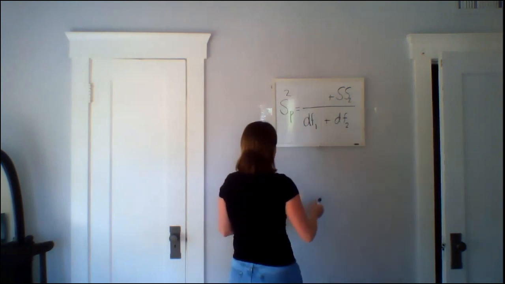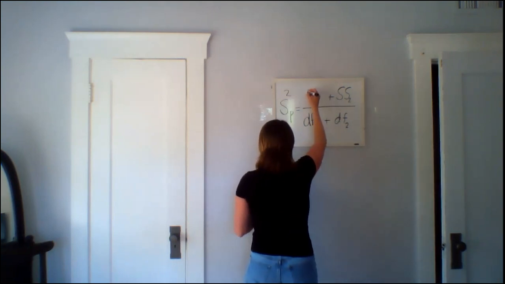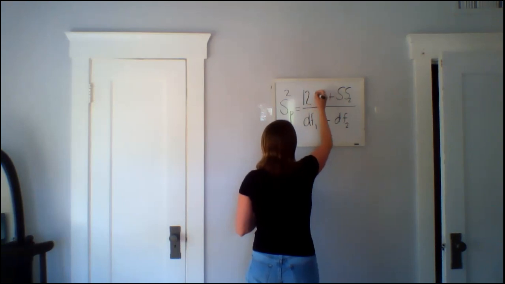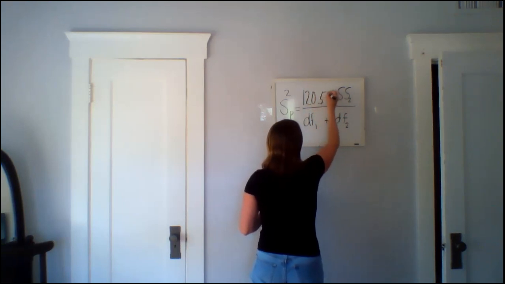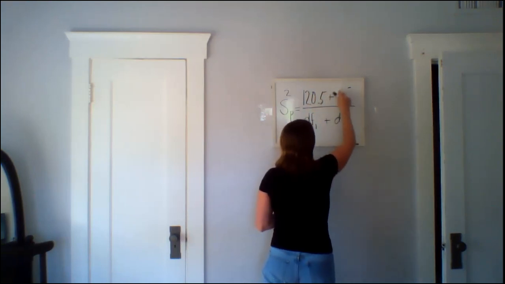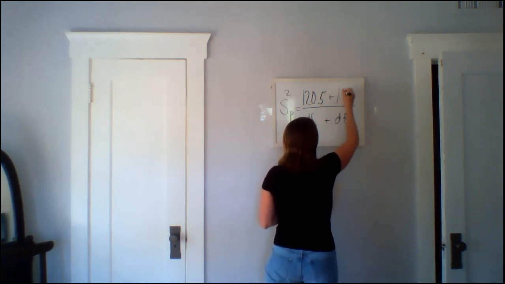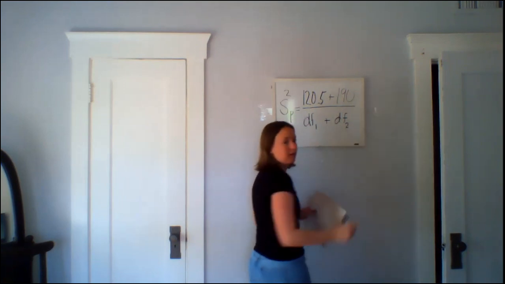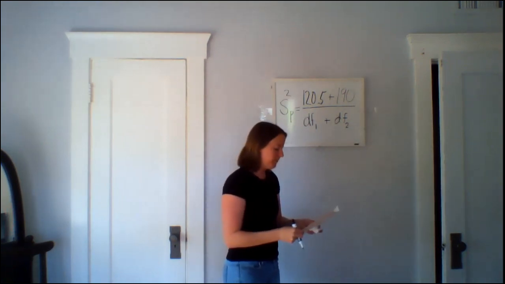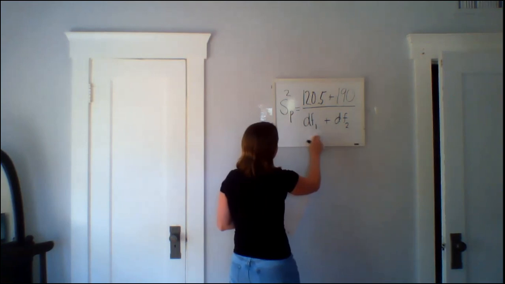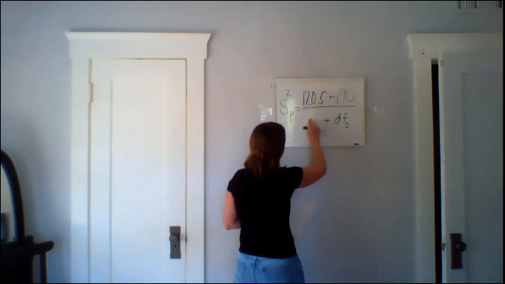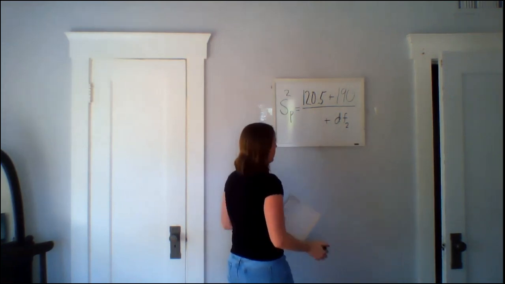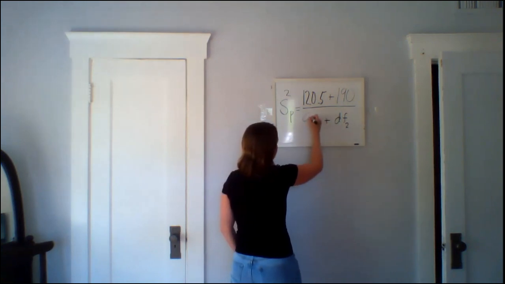Okay, the sum of squares for group 1 was 120.5 plus the sum of squares for group 2, which is 190. The degrees of freedom for group 1 is equal to n minus 1. 10 minus 1 is 9.